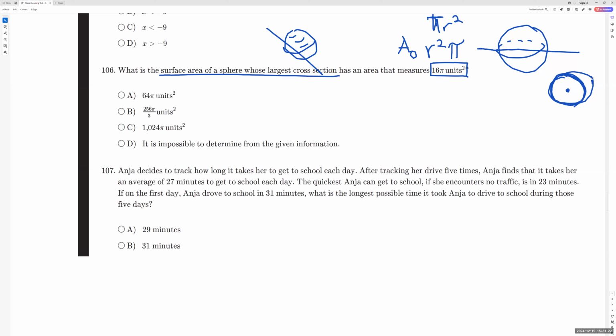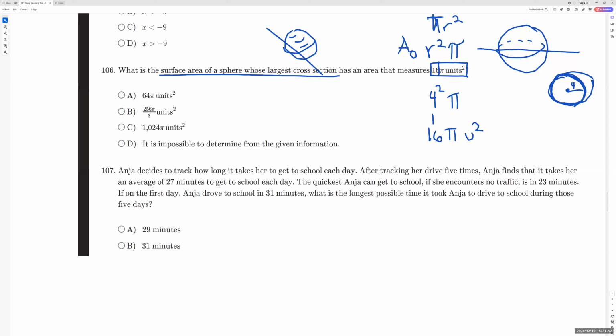Because I have 16, I know that this circle has a radius of 4, because when I square 4 and put pi next to it, 4 to the second power is 16 pi, and because this is area, the units are squared. So what is the question? What is the surface area of a sphere whose largest cross-section has an area that measures 16 pi units?